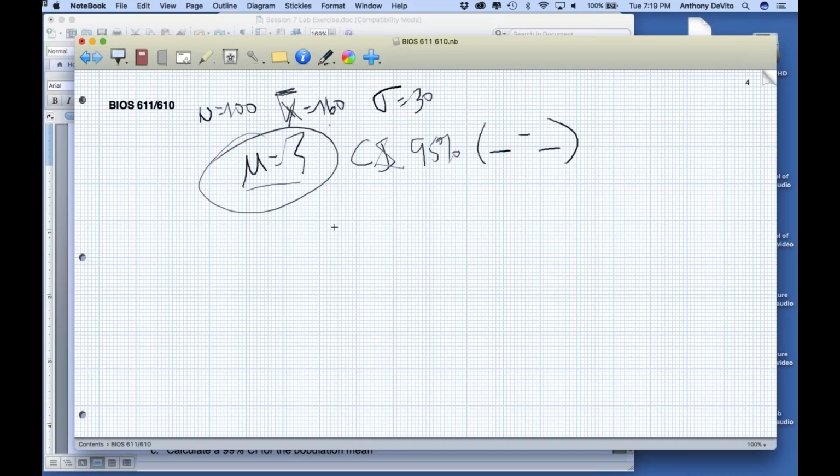So how am I going to calculate that? I'm going to start with x bar, and then add and subtract 2 standard deviations, below the mean and above the mean, to calculate my 95% confidence interval.